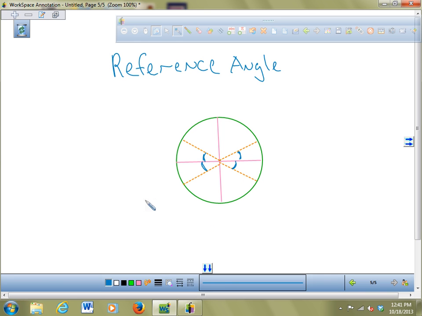So how do I use reference angles? Say they say find the reference angle for 313 degrees. How would I do that? Who can tell me what the reference angle would be?